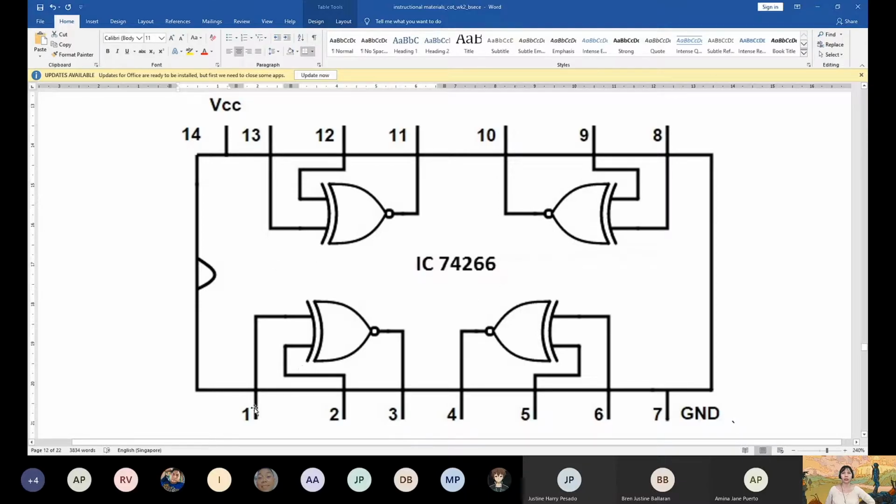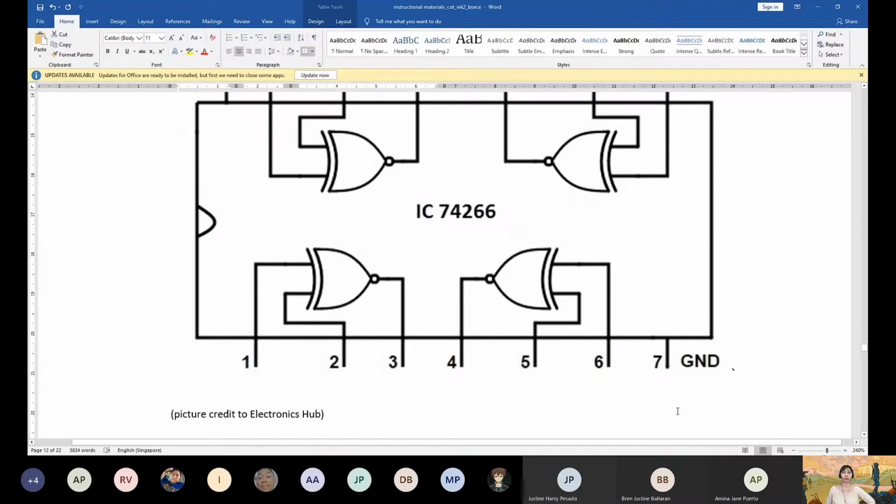For the 74266, pins 1 and 2 are inputs, 3 is the output; 5 and 6 are inputs, 4 is the output; 8 and 9 are inputs, 10 is the output; 12 and 13 are inputs, and 11 is the output. We have VCC positive and pin 7 to the ground.